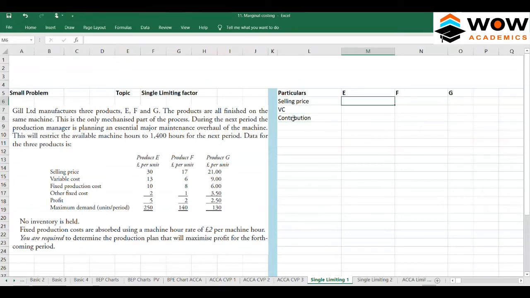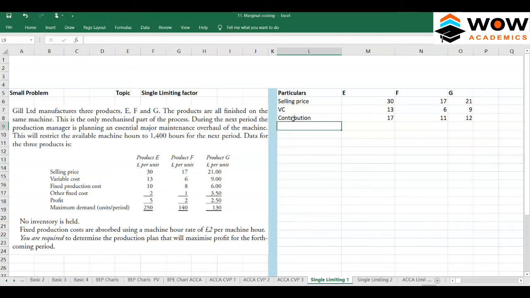So first we'll find that out. Contribution is selling price minus variable cost.